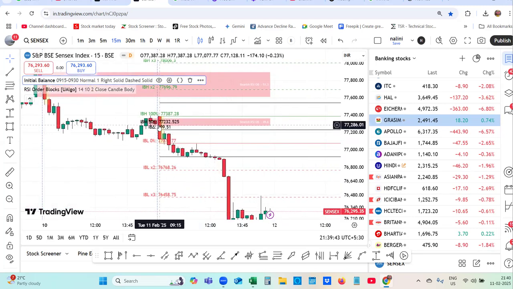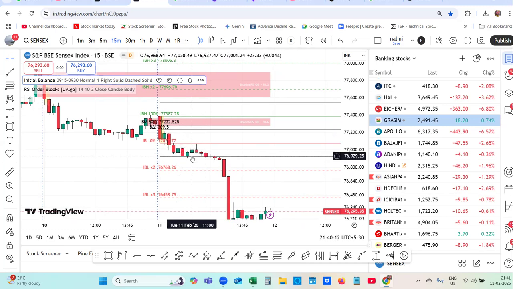From the first candle, the order block from the previous day itself has been plotted, and the overhead order block is over here. Sell zones are clearly mentioned in the chart with the help of the RSI order blocks, and you could have comfortably taken a sell trade, not bothering about these intermittent green candles.